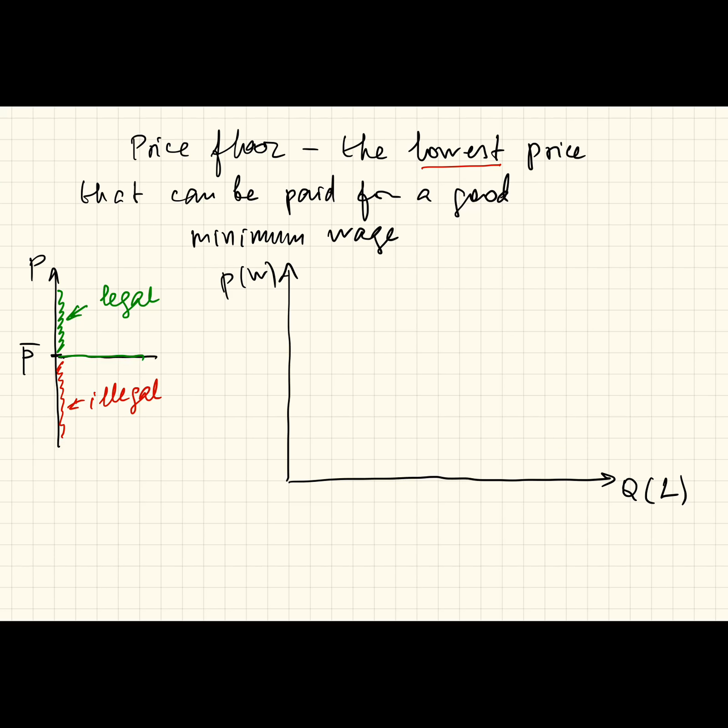And if this is demand and this is supply, supply, which is marginal cost, demand, which is marginal benefit. So again, with no intervention, this is our equilibrium quantity, this is equilibrium price.